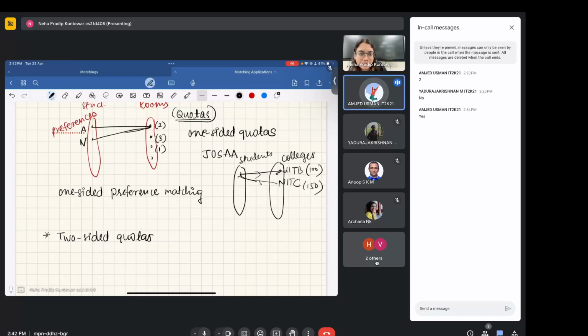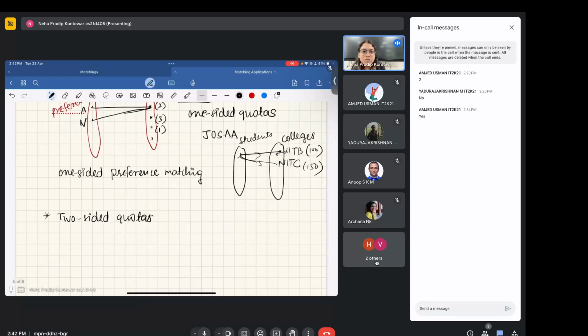In this situation, college prefers the rank of student and the student prefers any college. Okay, so the situation that you are saying is with two-sided preferences, where students also have preferences and colleges also have preferences. So yeah, that is correct. Can you think of two-sided quotas? By quota, I mean that they have some capacities. So let's say IIT Bombay can accommodate only 100 students and so on.